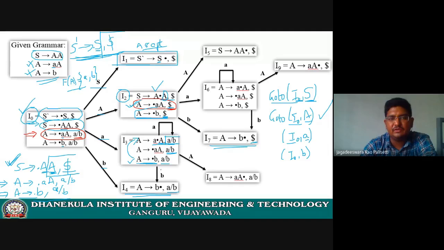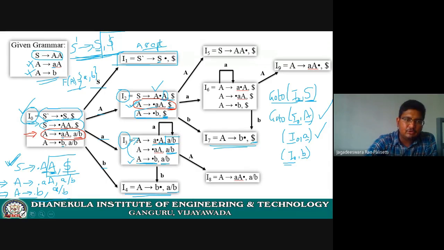So we are getting this one. Am I clear? So the third one is also completed. Go to on I0 with respect to small a is completed, and we are getting a new state like I3. Similarly, go to function on I0 with respect to small b. With respect to small b, I have to get this particular production only. This one.